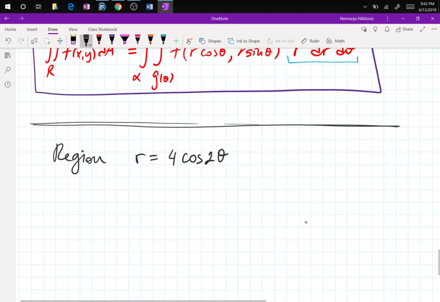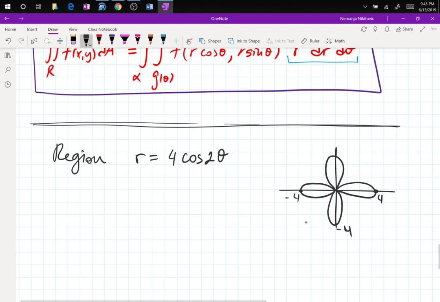That will graph as a flower extending out to 4, and it has 4 petals because you have 2 theta inside, and when the number here is even, you are doubling it for the number of petals, and when it's odd, you're keeping that number of petals, whatever the number is.